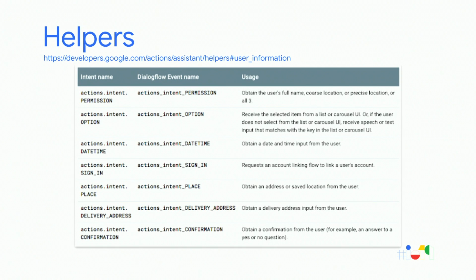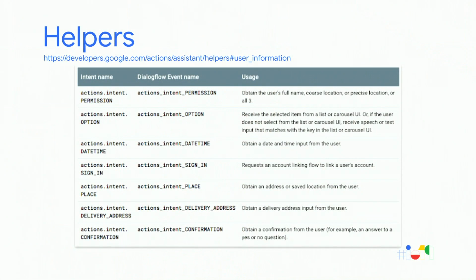So helpers. Confirmation is one of them, and we provide other ways that you can get information from the user that's really common. For me, I don't necessarily want to ask the user for their zip code raw. I want to be able to ask it using place. That way I can get their location. You can also get other common things like their name, their photo, their email by using permission.